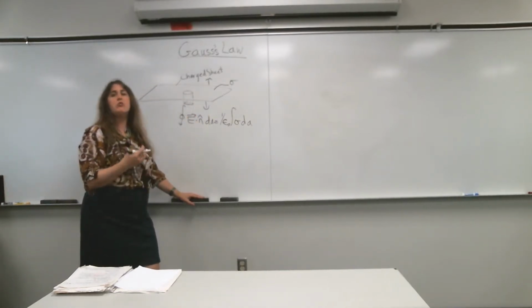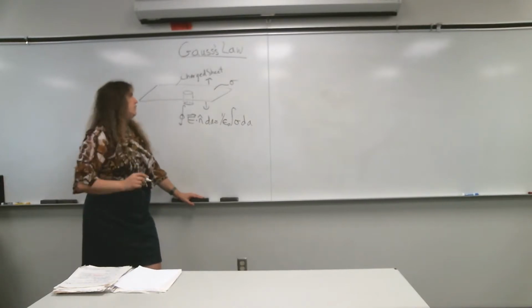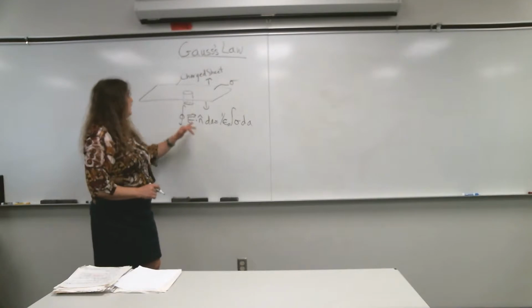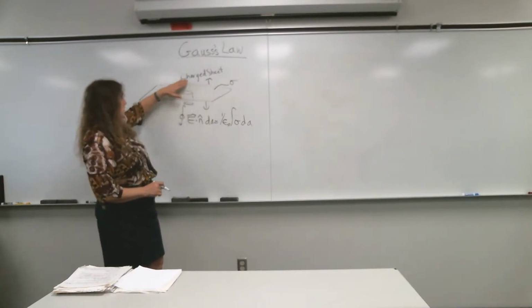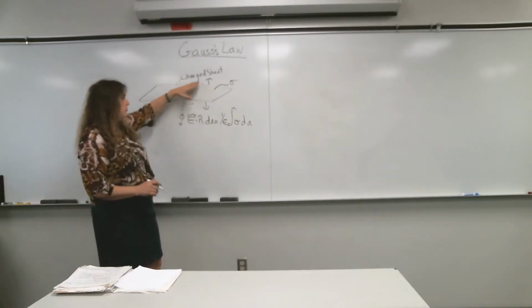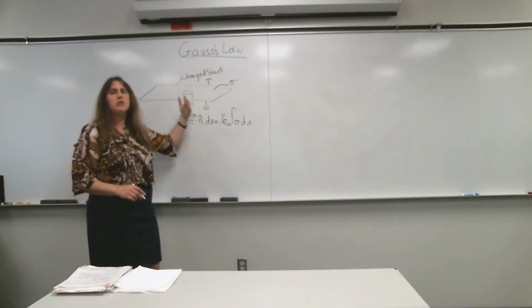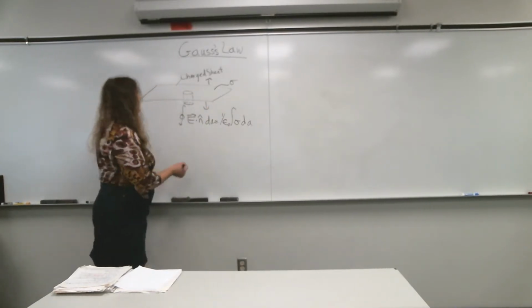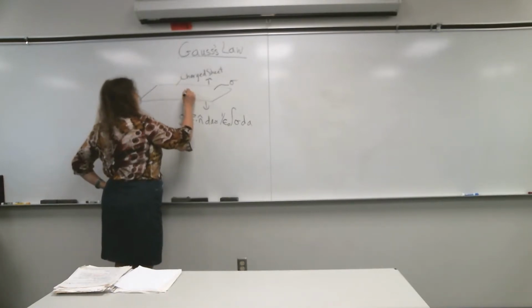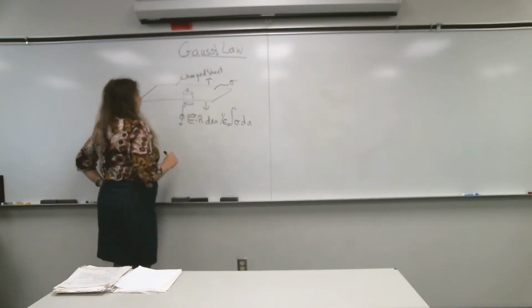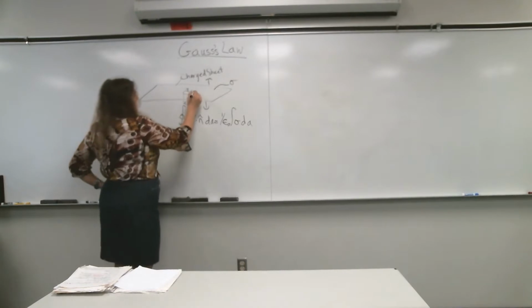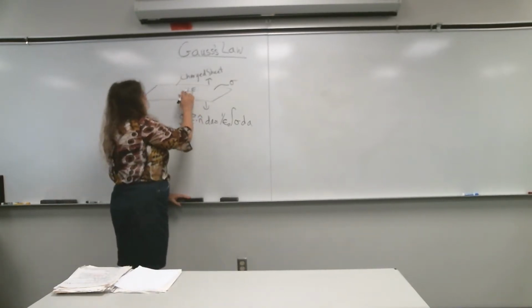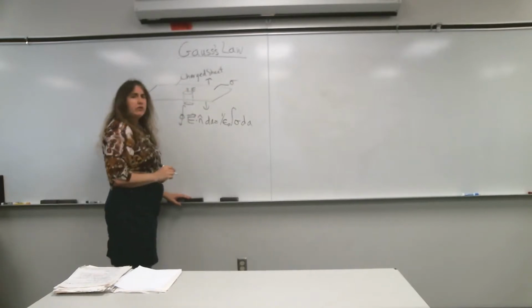In other words, the electric field lines go away because this is positively charged. You would also expect that at any point above this charge sheet, your electric field would have the same value because it's very, very large. So my electric field has value E, and this little area here we'll call A.